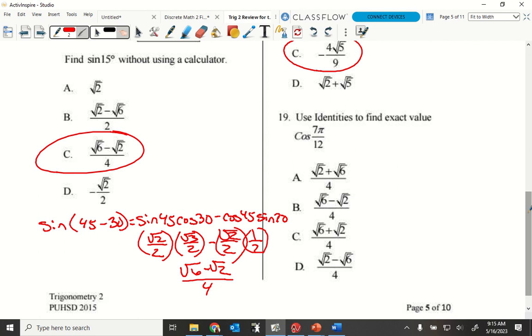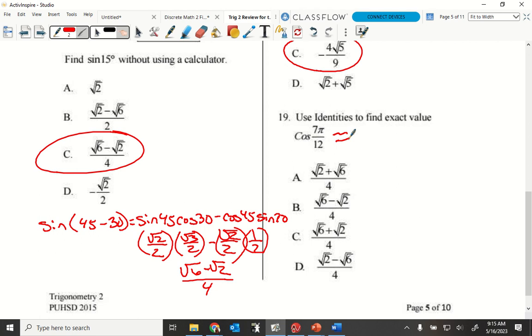So, cosine of 7 pi over 12, I can put in my calculator to get an approximation. What's that, like 75 degrees, so the x is smaller. You just plug in every one so you get the calculator. It's like 0.88 or something like this.